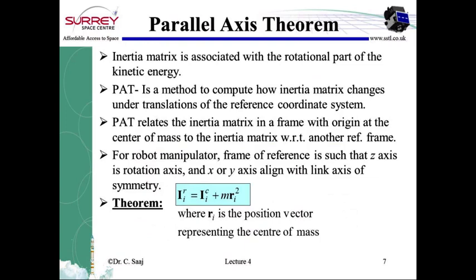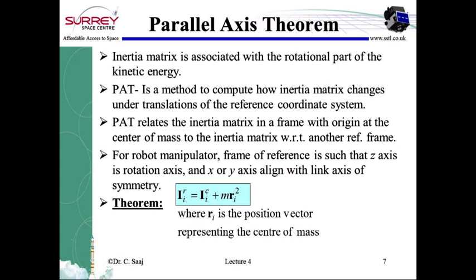Now let's move on to the parallel axis theorem. We know that kinetic energy has two components. One is its translational part and the other is its rotational part. And the inertia matrix is actually associated with the rotational part of the kinetic energy.